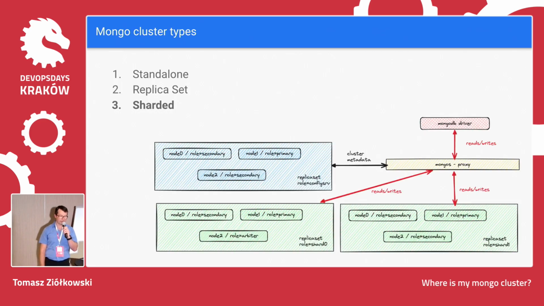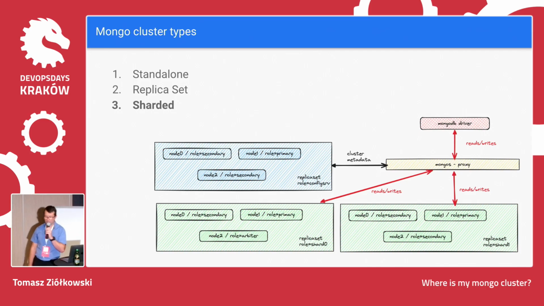Sharded cluster is far more complicated and allows us to scale the write throughput, because the data is split into shards, and in front of the shards is the Mongo proxy layer that splits the queries to proper shards and later on joins the responses and serves them to the client.